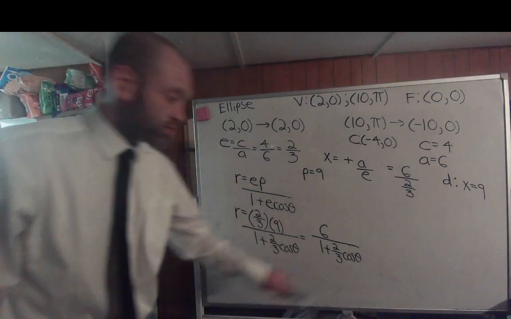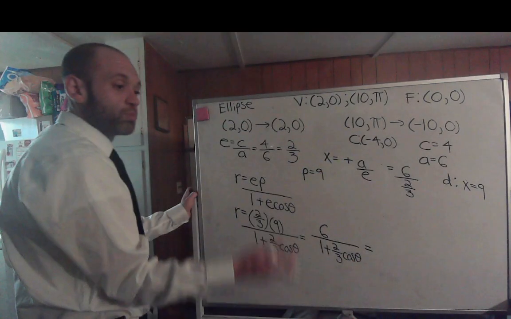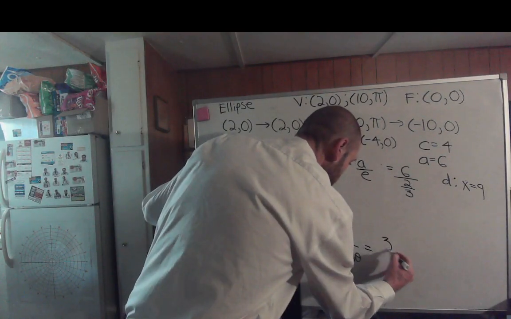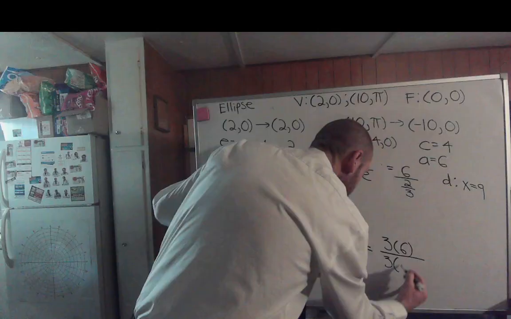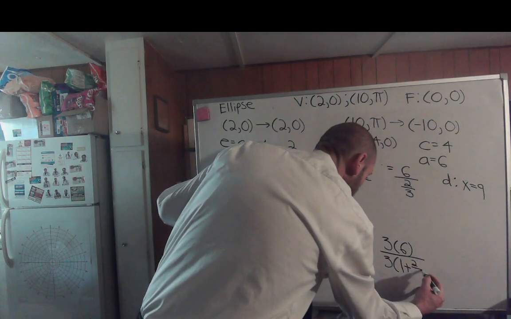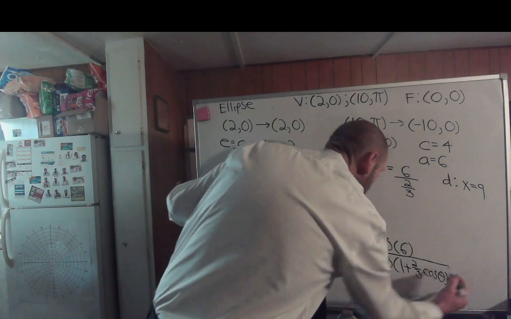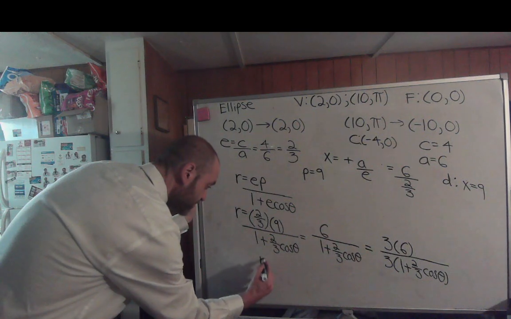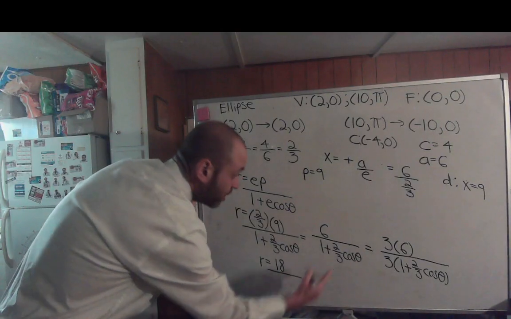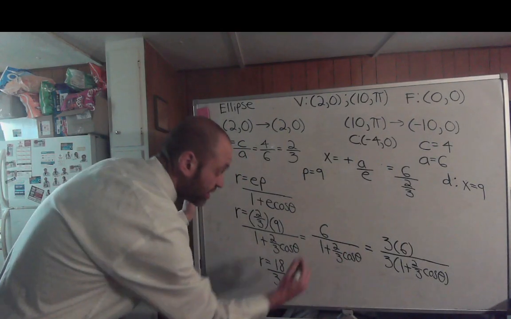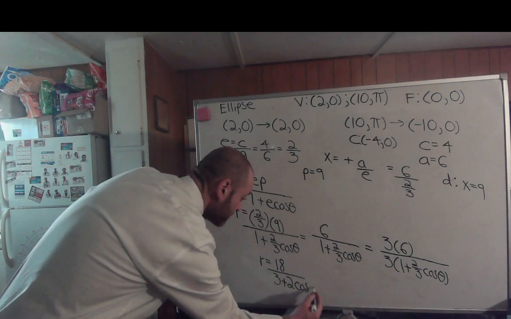So let's multiply by 3 to get rid of the fraction, but we can't change the overall value, so we've got to also do that to the numerator. So we'll take 3 times 6 all over 3 times 1 plus 2/3 cosine of theta, which now we have a final answer when we simplify this. 3 times 6 is 18, all over 3 times 1 is 3, plus 3 times 2/3 is 2, and then the cosine of theta.